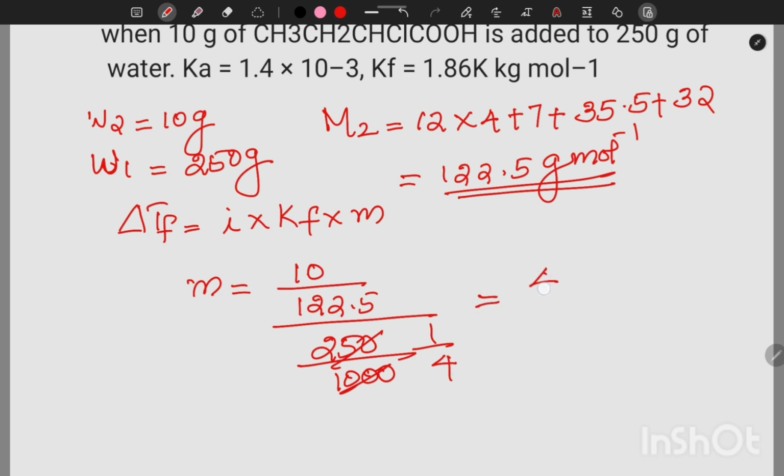So we will get 40 by 122.5, that is equal to 0.3264 mole kilogram raised to minus 1.